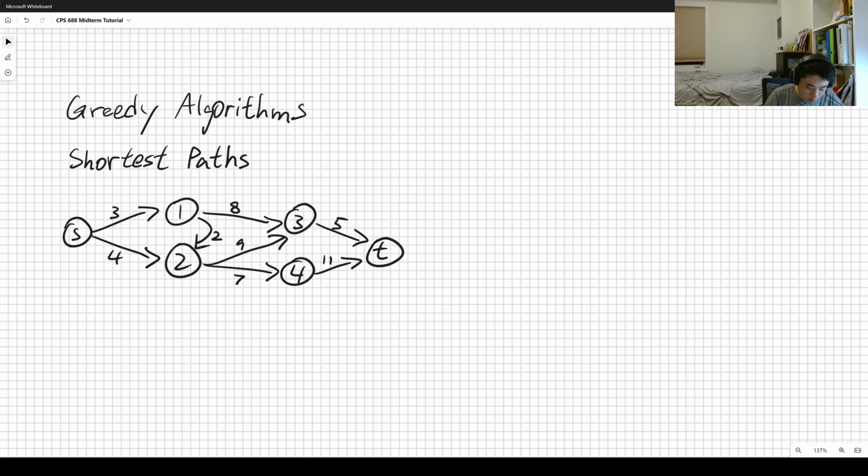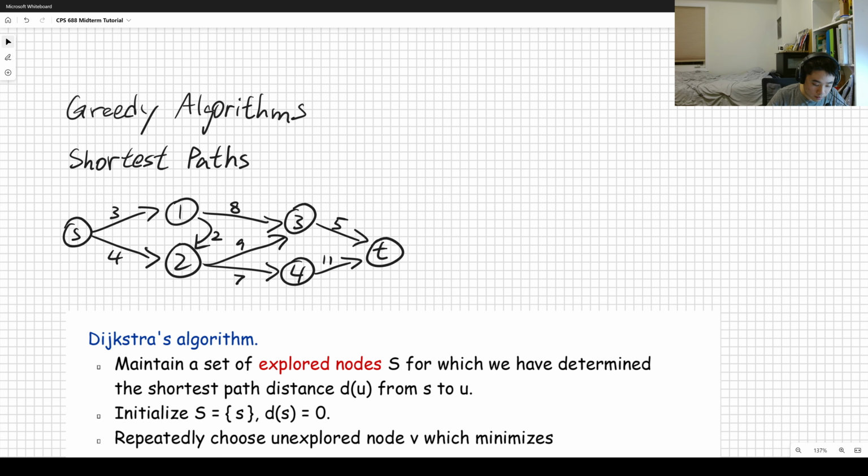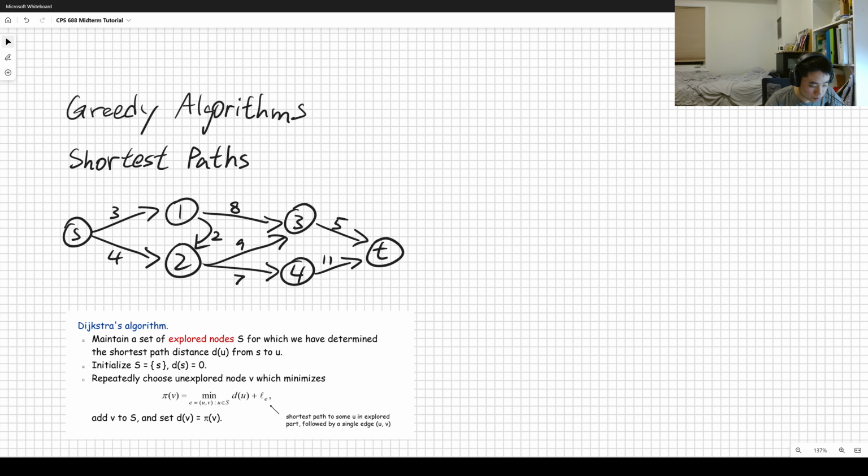So the definition explains it as follows. We need a set of maintained nodes. Basically they are your visited nodes. I'm going to copy this and paste it.